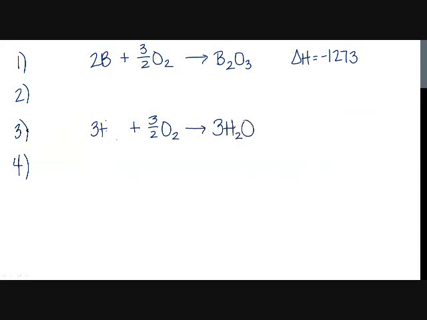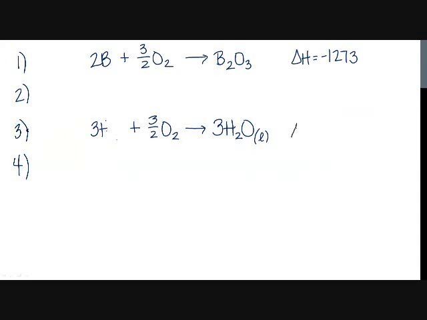Now, if you haven't noticed yet, the fourth equation has 2 different types of water, water liquid and water gas. So I'm going to be careful to label this water liquid, because that's going to be important at the end, because we want no waters when we're done, so we just want to make sure everything cancels out.